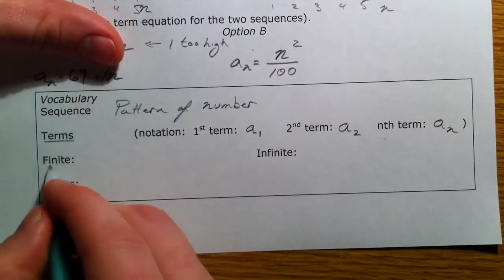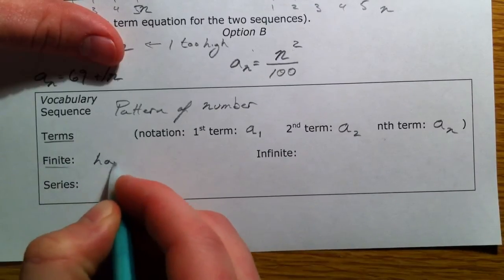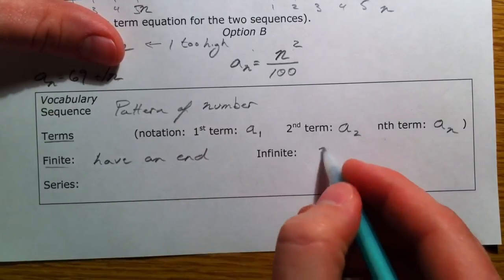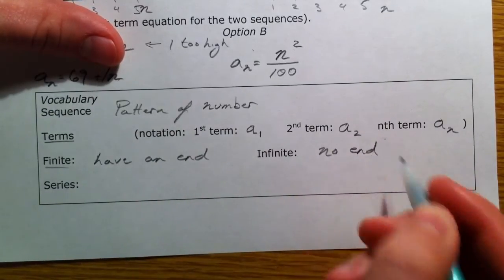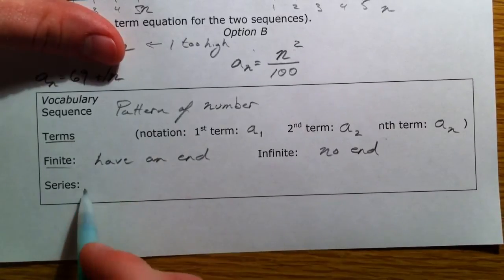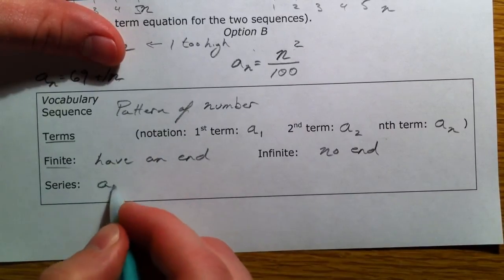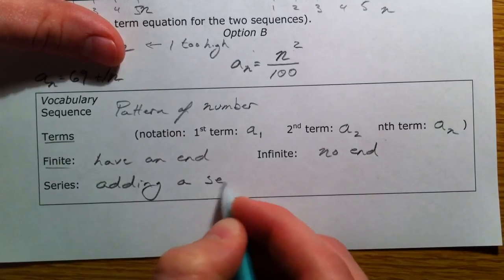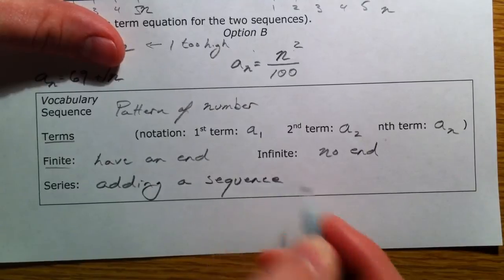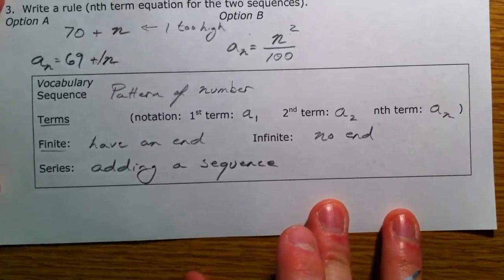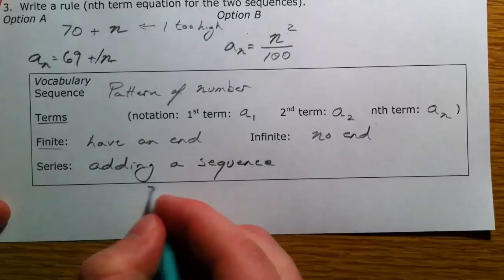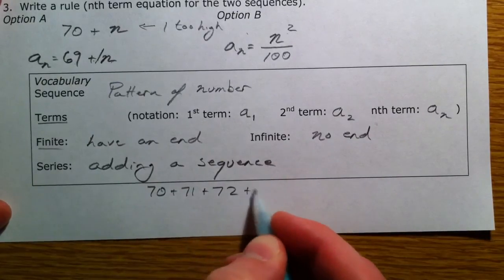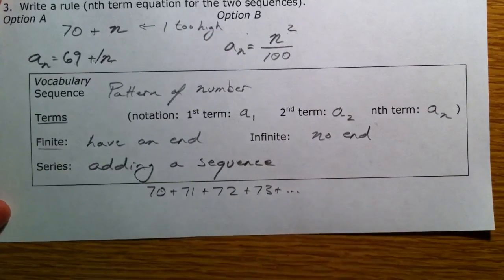Sequences can end, meaning they're finite, or they could be infinite, meaning they don't have an end. Nothing new there. And we can also have a series, where we're adding a sequence. And so, for example, if we added up all of those numbers we were having in the other one, so 70 plus 71, so the sum of the first 2 days of our work, plus 73, and so on.